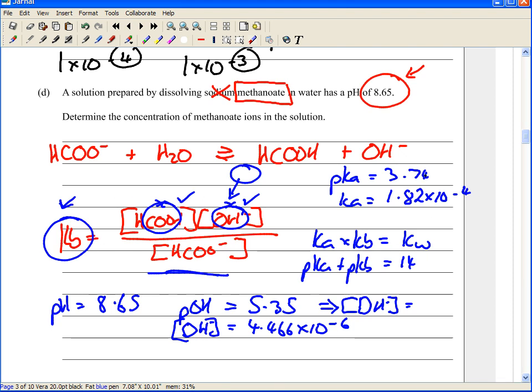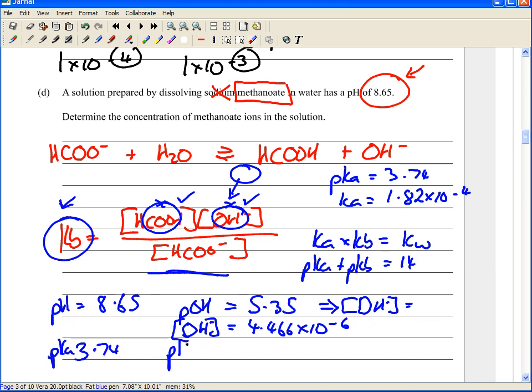Kb. I've already told you that the Ka and the Kb, when you multiply them together, equals Kw. I know the pKa of this, plus pKb equals 14. So I can do the exact same thing as before. I know that the pKa is 3.74.